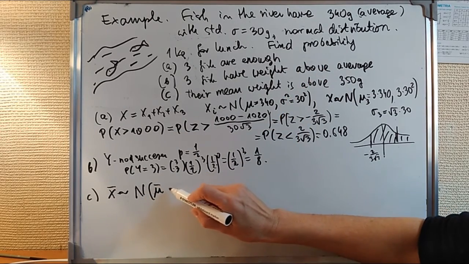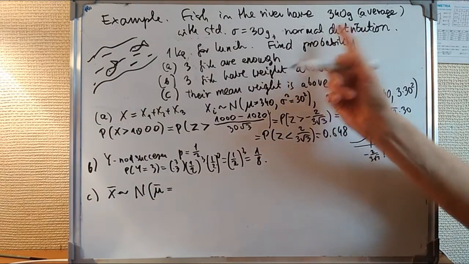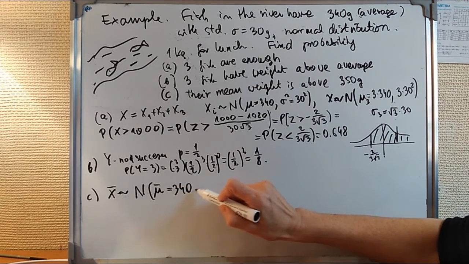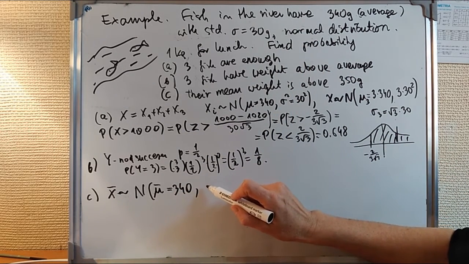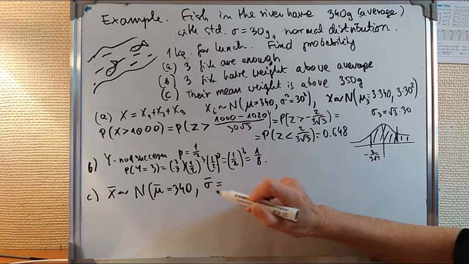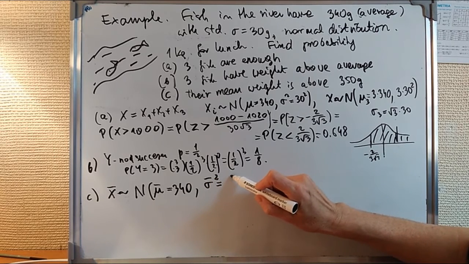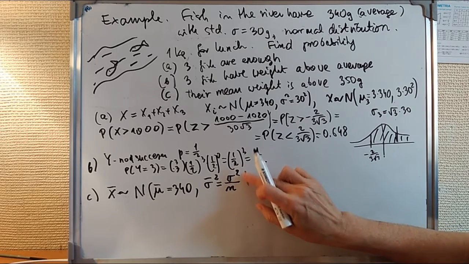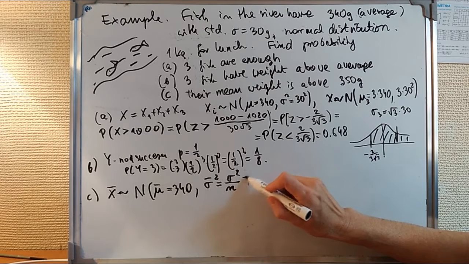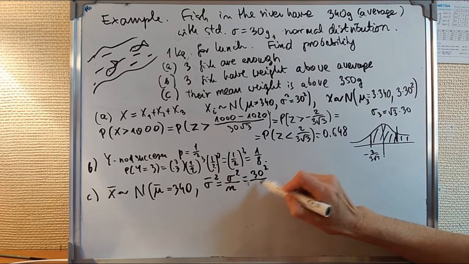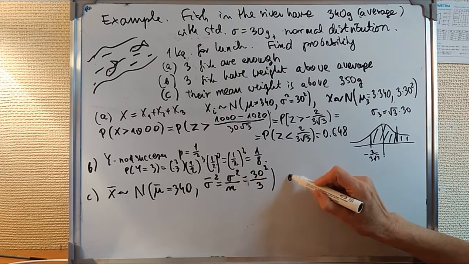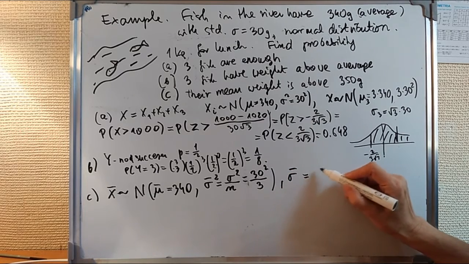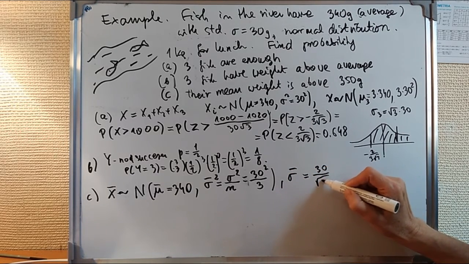So mu is also 314, and the variance of the mean will be the variance of the population divided by n. But we have 3 fish, so we have 30 squared divided by 3. So the standard deviation of this distribution is 30 divided by square root of 3.